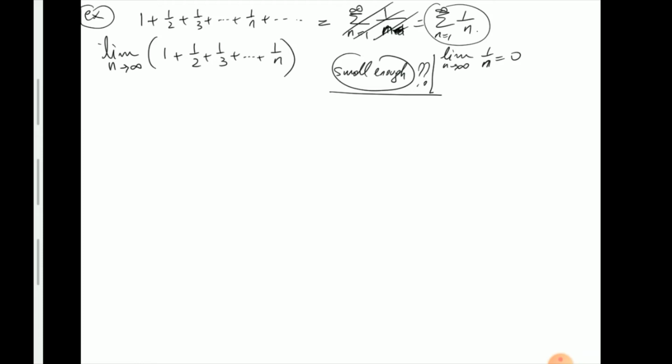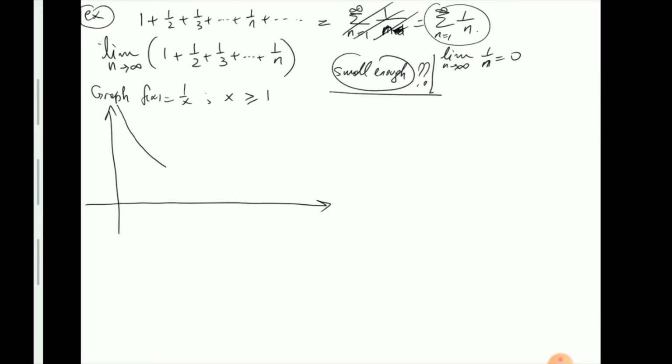Take a look at the graph of the function 1 over x for x greater than or equal to 1. If I sketch the graph of this function, which looks like that, this is the point x equals 1, and from 1 to infinity, let's do some sort of approximate integration.